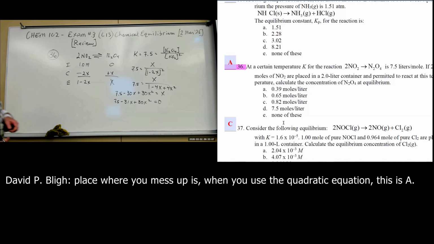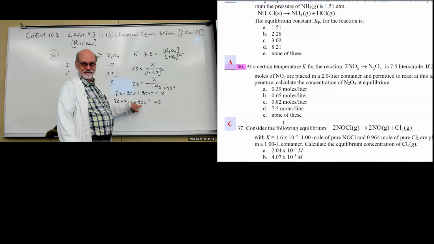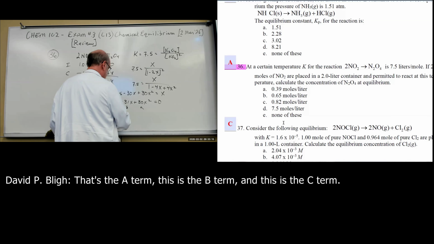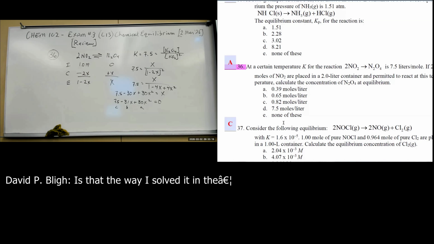A place where you can mess up is when you use the quadratic equation, this is A. Right? That's the A term, this is the B term, and this is the C term. Okay. Is that the way I solved it in there? I think so. Okay.